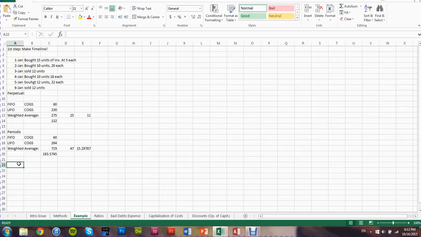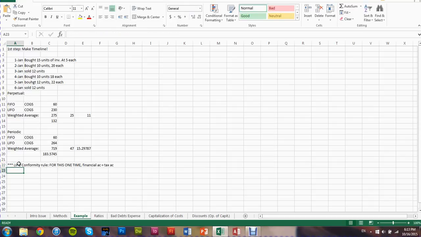That being said, that other 0.1% of the time, you have something called the LIFO conformity rule, which is saying for this one time, financial accounting needs to equal tax accounting.